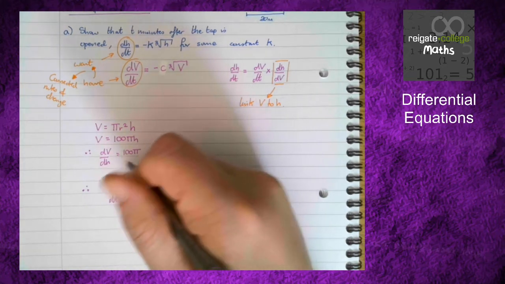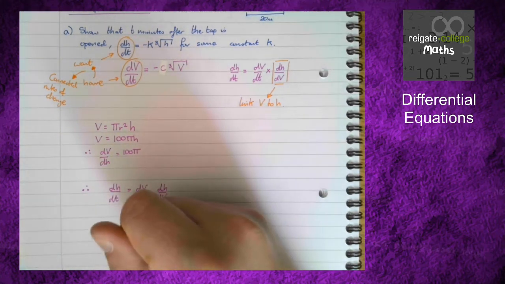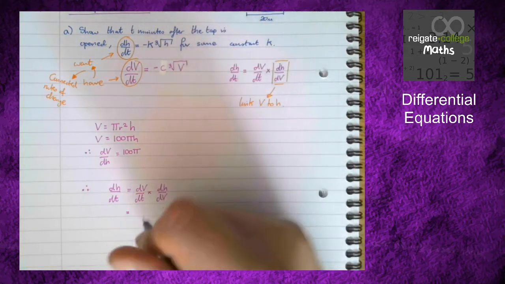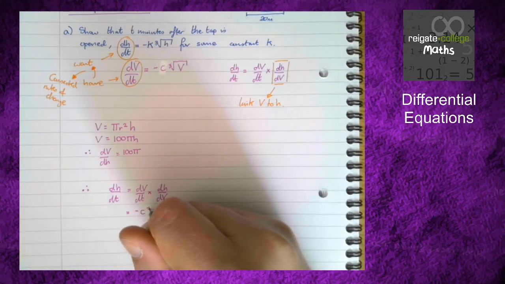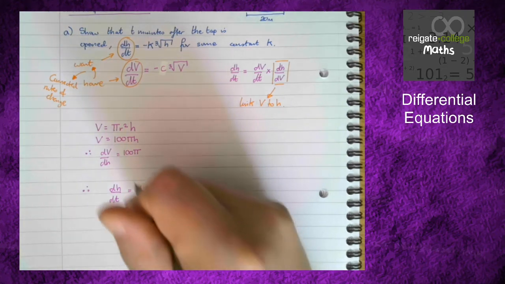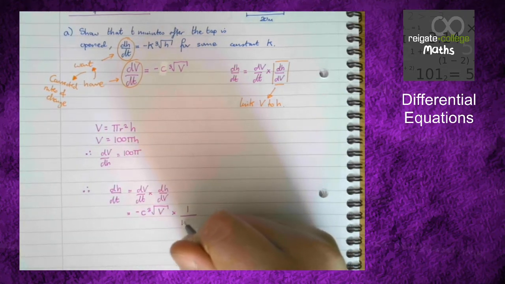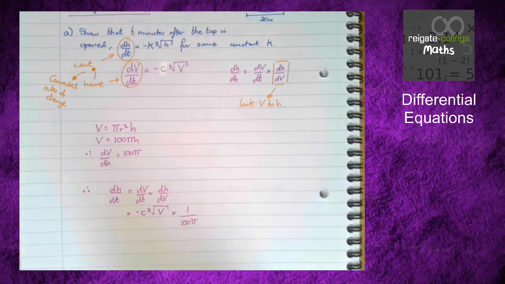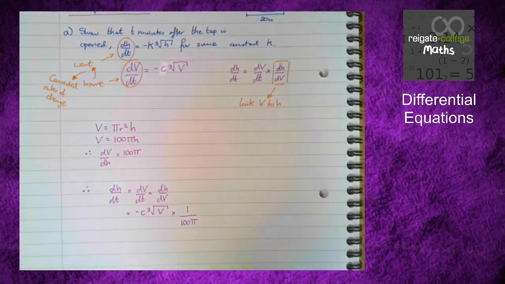which is going to be 1 over this. So this is minus c, cube root of v, times 1 over 100 pi. We're now starting to get towards our answer, but if we look, our answer has h in it.